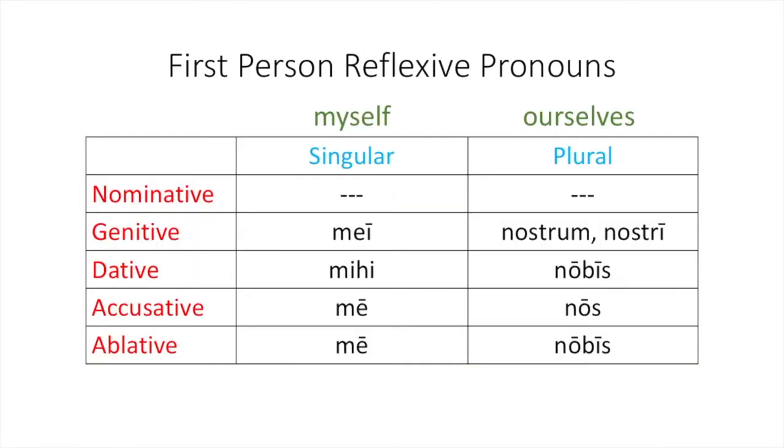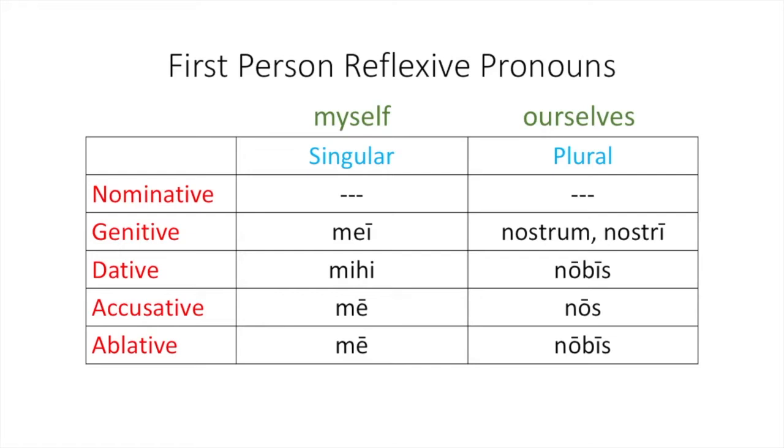So when we say that I look at myself in the mirror, we just have the forms mei, mihi, me, and me. We don't have a nominative form because there can't possibly be a nominative because the antecedent is in the nominative case or is implied by our verb. So our reflexive pronoun just doesn't exist in the nominative case.